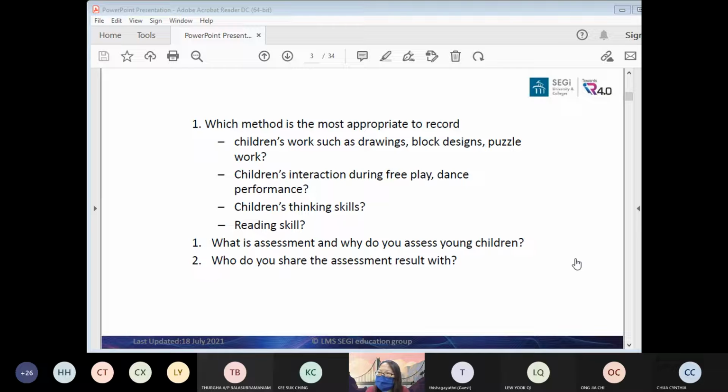So that means you assess the child so that you yourself, not only the educator, you, are assessing because you want to know how is the progress of the child. How is he doing with certain skills? Has he already reached the milestone of the developmental domain at his age or her age?